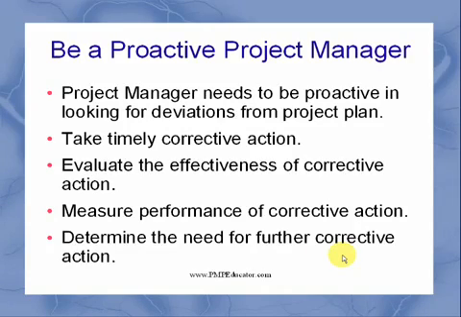Evaluate the effectiveness of the corrective action. You also need to evaluate whether the corrective action is going to fix things or make things more complicated. Measure performance of the corrective action, whether the corrective action which was taken caused an increase in the performance or increase in the quality of your deliverable, and determine the need for further corrective action if there is a need.